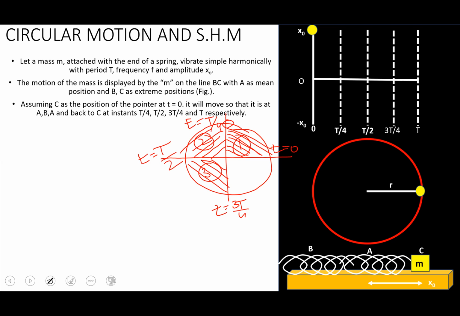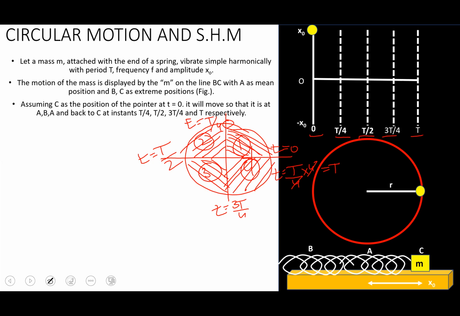And if even this part is covered, then t is equal to T by 4 multiplied by 4. Because the fourth part is also covered, the 4 cancels the 4, so we have the total time period T. Now we can represent this whole thing as 0, T by 4, T by 2, 3T by 4 and T.